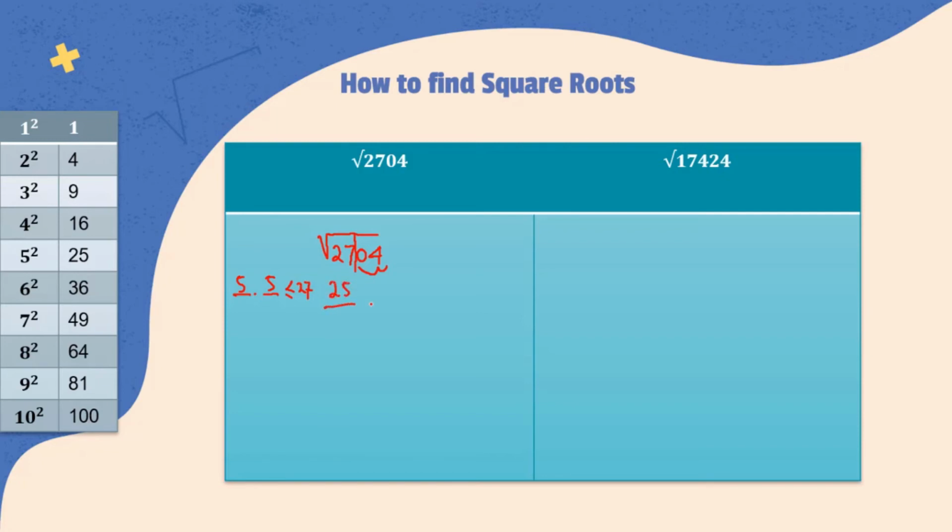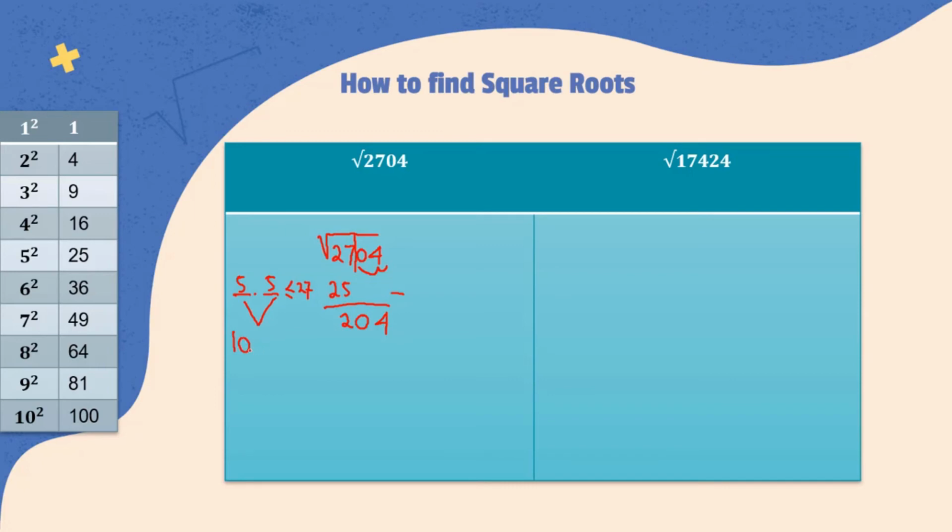We put it here and we subtract 27 minus 25. Now we have to put 0 and 4 down here. The next thing you have to do is add: 5 plus 5 is equal to 10.